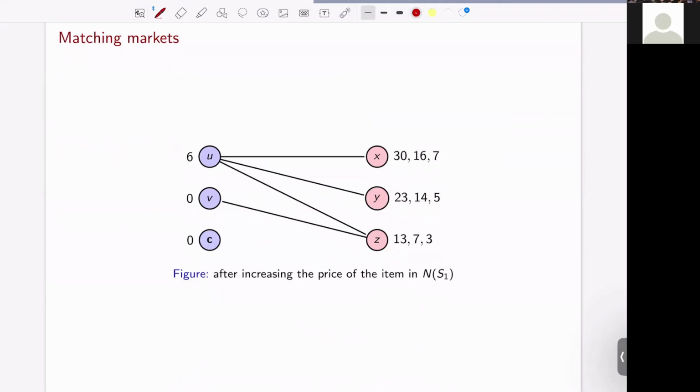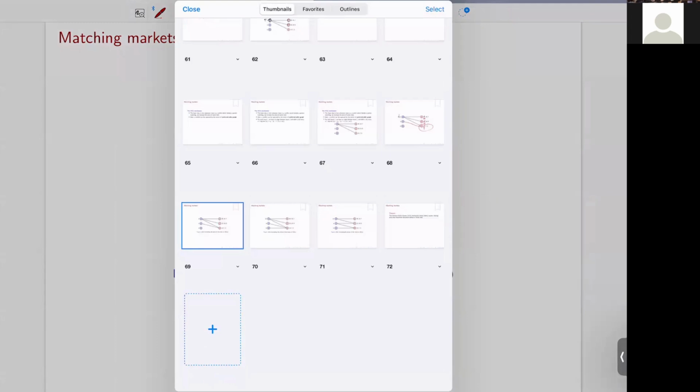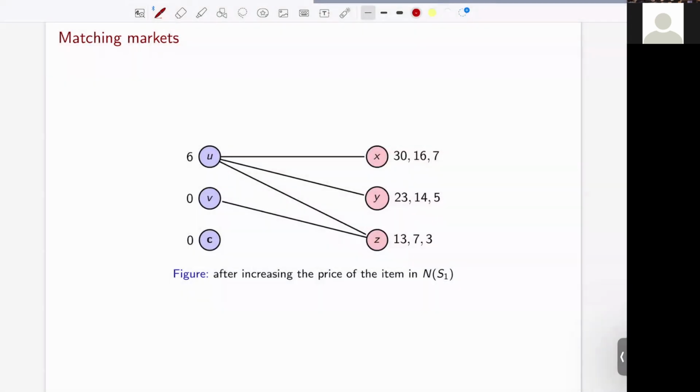There's no perfect matching by Hall's marriage theorem. The neighbors of X, Y, Z will be U, V, so there's no perfect matching. In that case, maybe U and V are too popular. So I'm going to increase the price of U and V by 4.